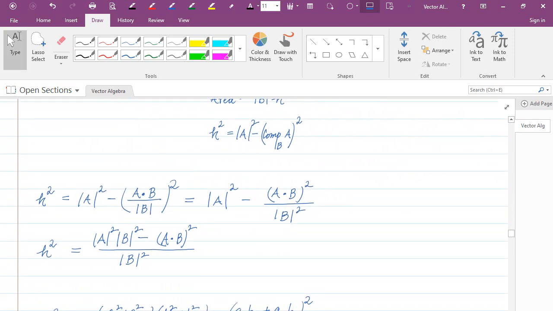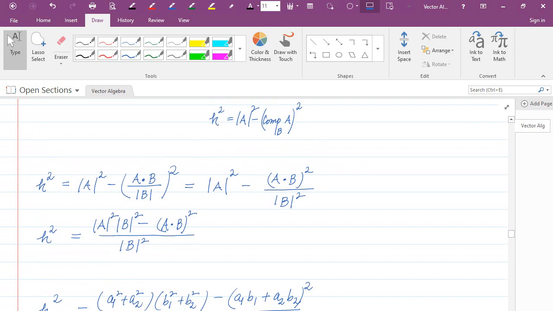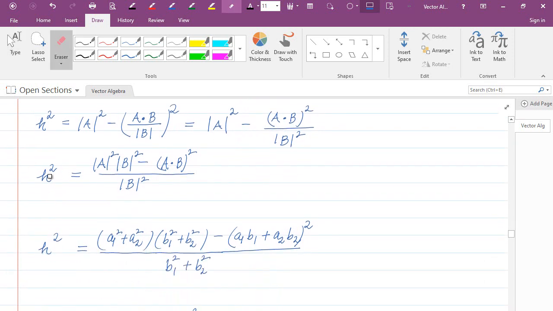So then what I'm going to do is write down the formula for the component of A along B, which is A dot B over the length of B. So we have H squared is the length of A squared minus A dot B over length of B, squared, which is equal to the length of A squared minus A dot B squared over the length of B squared. We can combine these two into one fraction, so we get H squared is equal to the length of A squared times length of B squared minus A dot B squared, over the length of B squared.